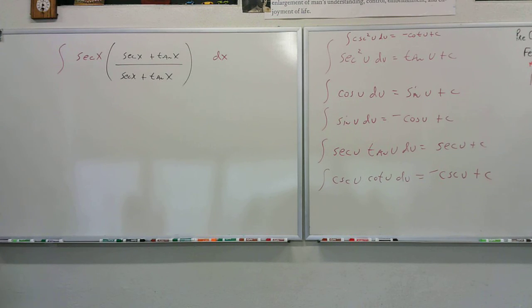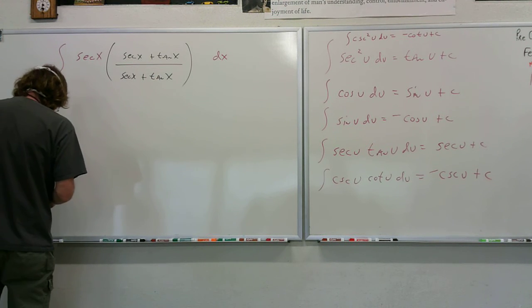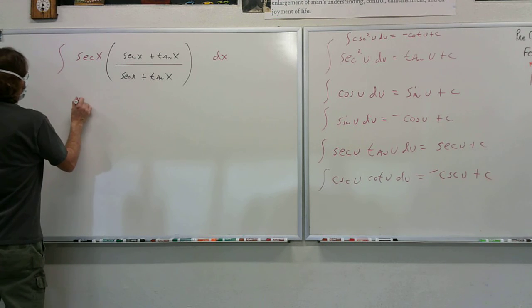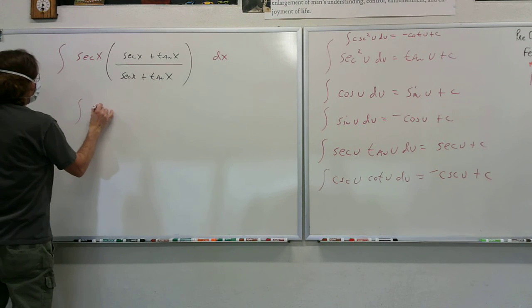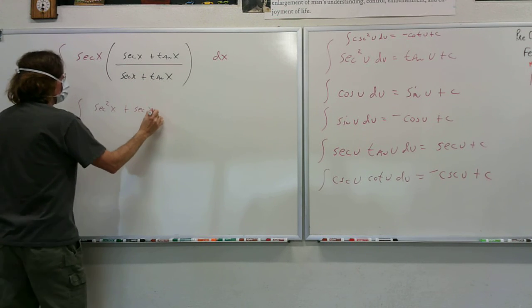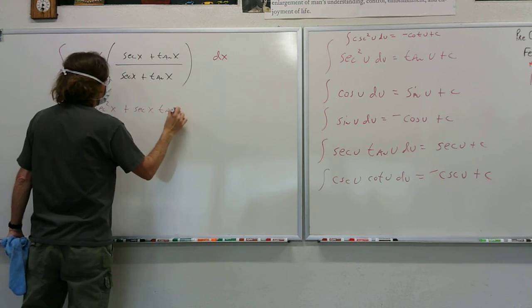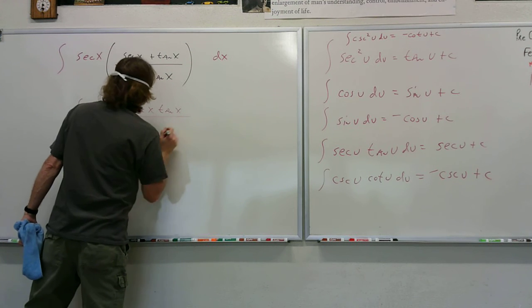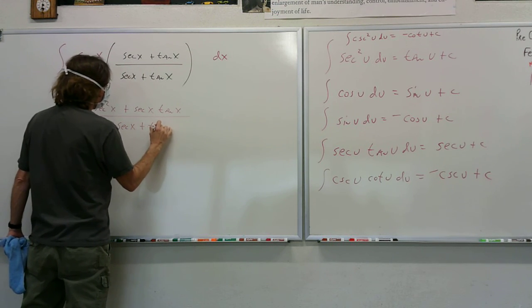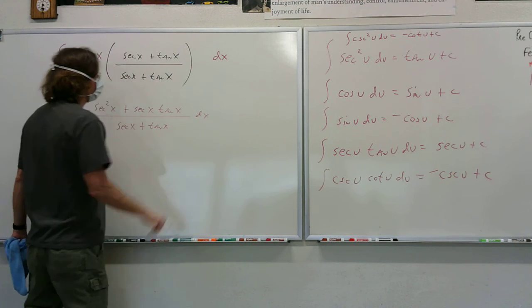Cool? Now, I'm going to multiply out the numerator, and I'm going to get secant squared x plus secant x tangent x over secant x plus tangent x dx.